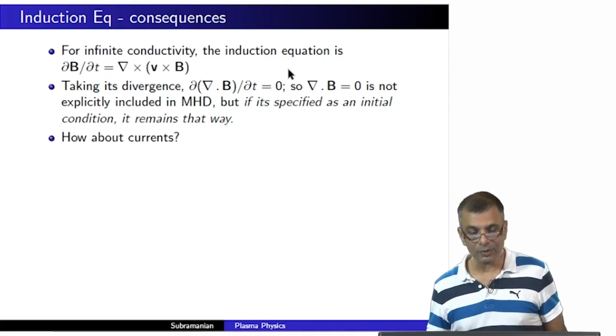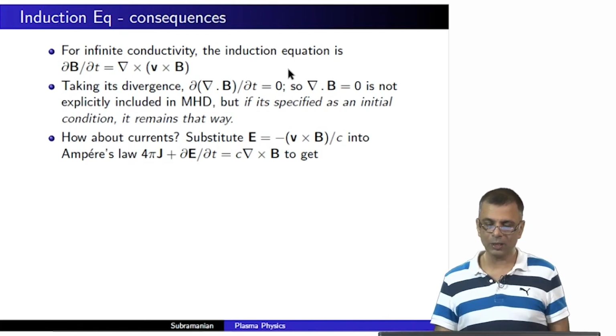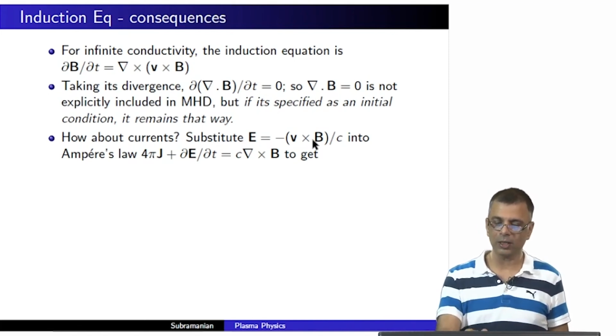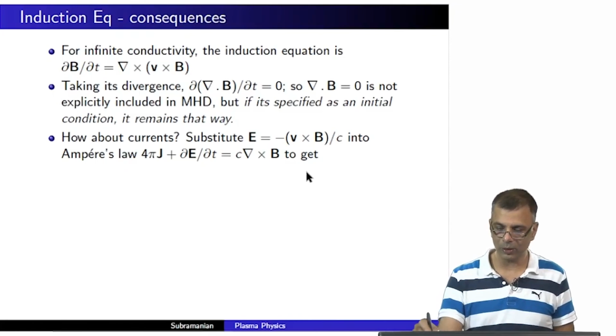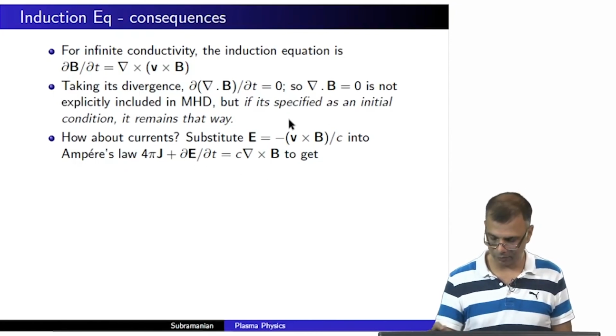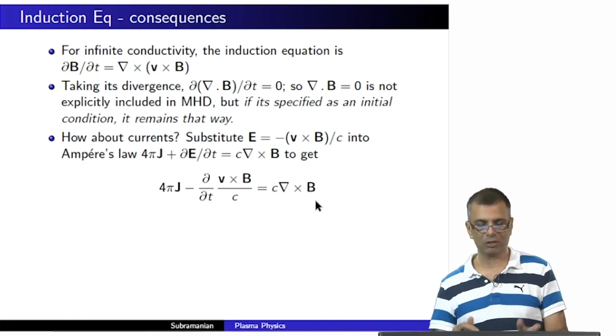Now, how about currents? This is very interesting. What we do is we substitute E equals V cross B over c into Ampere's law. So, we substitute this dE/dt here, and we get that. There's no mystery.